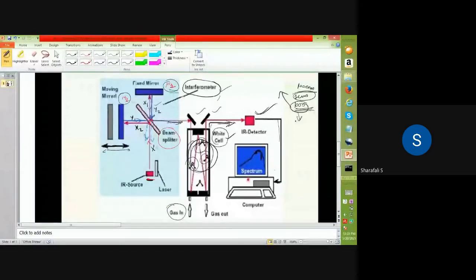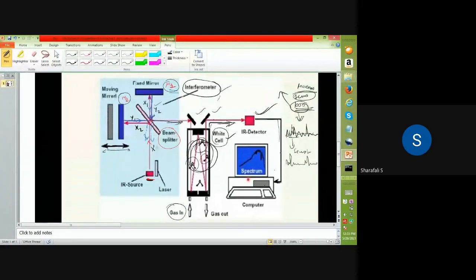As we discussed, we have a very complex interferogram coming to the sample, and the sample absorbs some of these frequencies, and the remaining frequencies come to the detector.